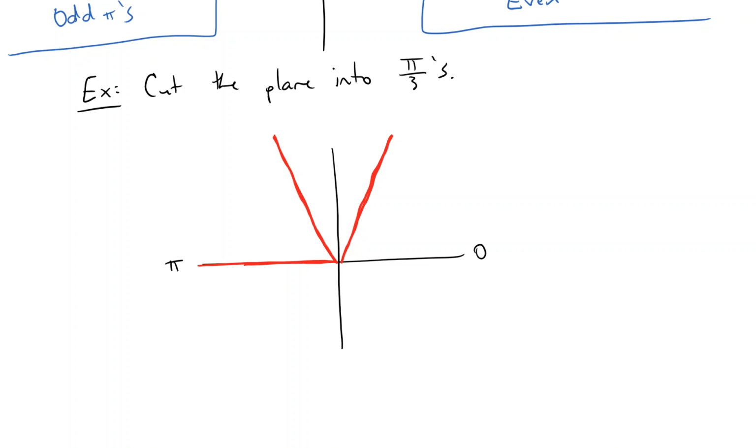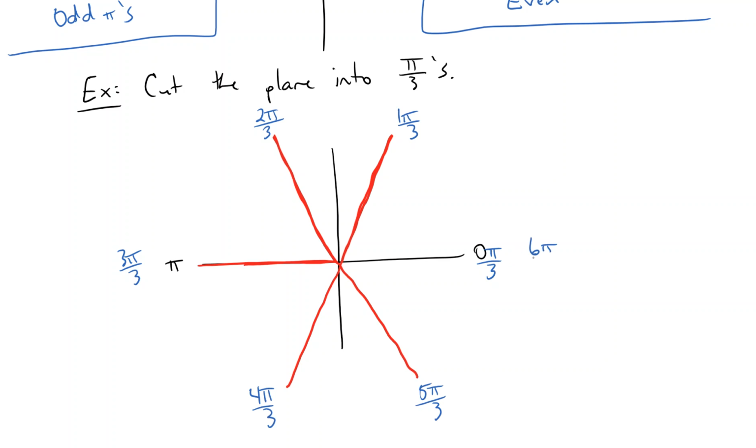Okay, so we get 0 pi over 3, then we get 1 pi over 3, 2 pi over 3, and 3 pi over 3. If we keep going, we get 4 pi over 3, 5 pi over 3, and 6 pi over 3, which again reduces to 2 pi.